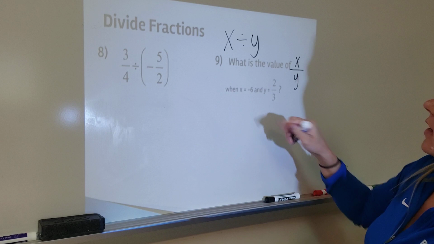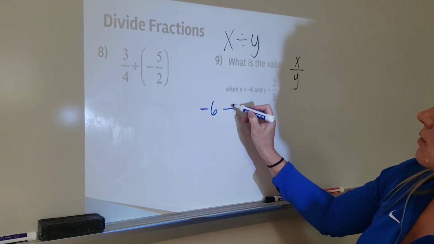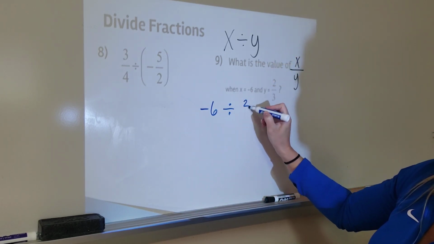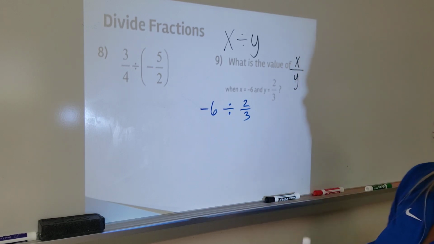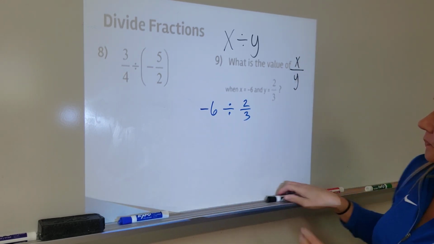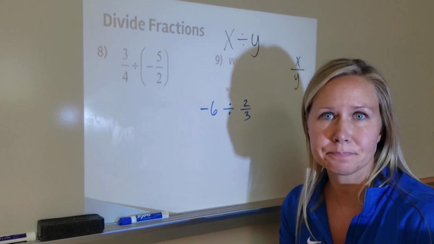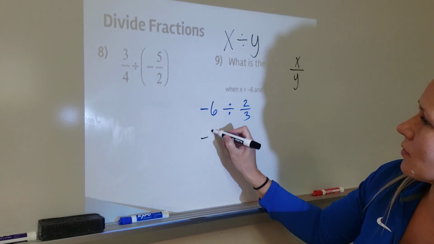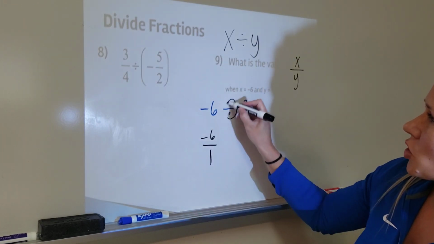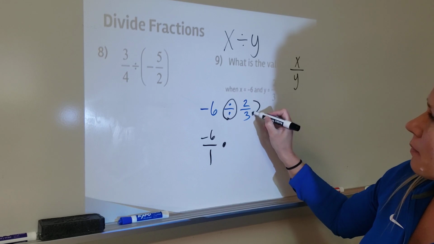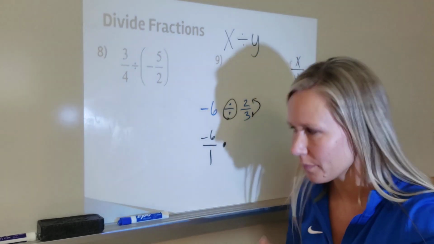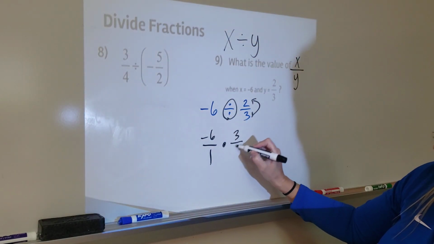So I want to take x, which is -6, and divide it by y, which is 2/3. X divided by y. Now, my first fraction stays the same, so it would be -6 over 1. This changes to multiply, and I flip the second fraction, the reciprocal. So this would be 3/2.